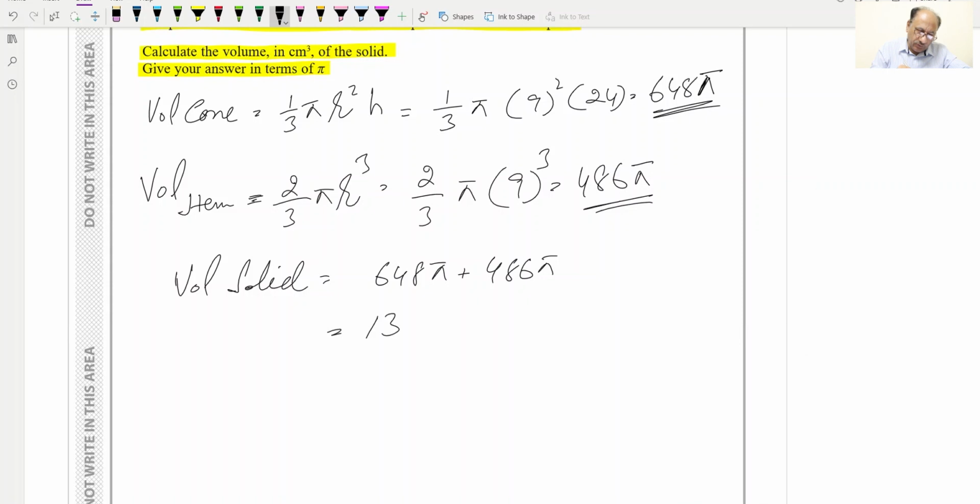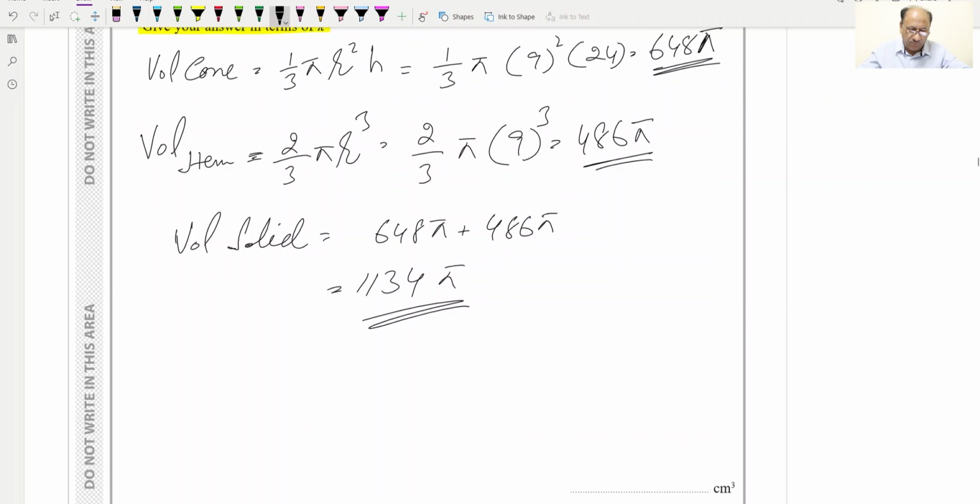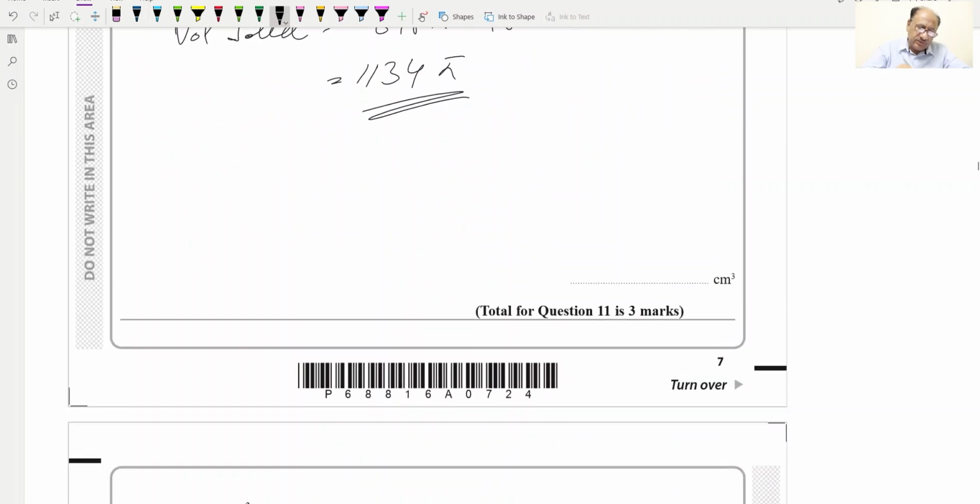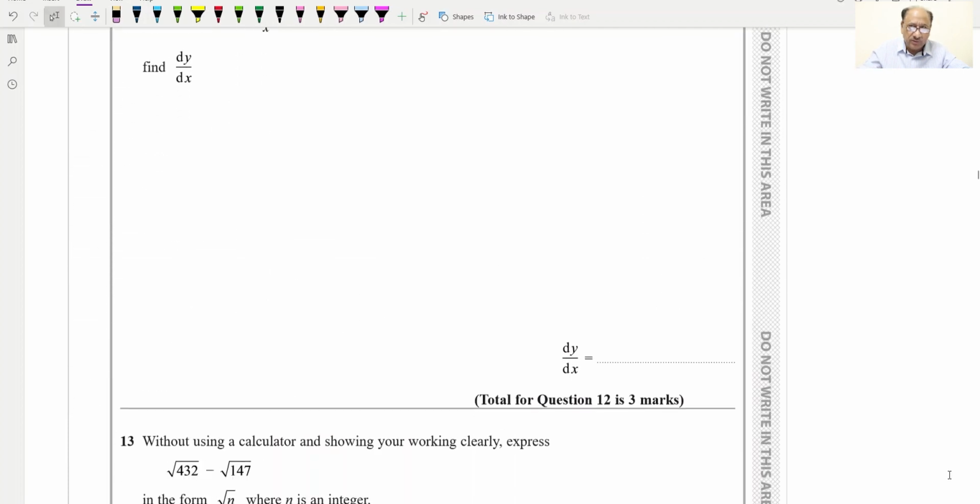So 1134 pi, and this is basically our final answer in centimeter cube. So 1134 pi centimeter cube, and this is basically the 3 mark question which we are done with.